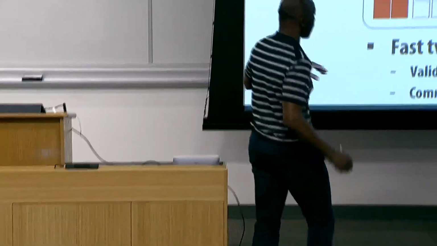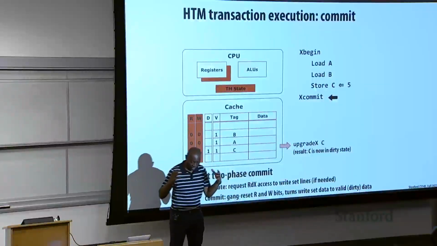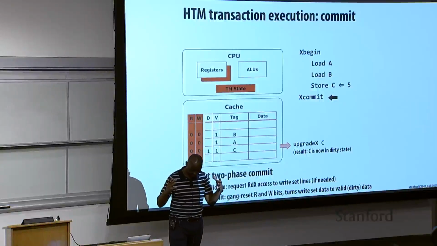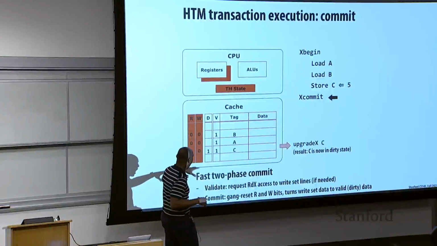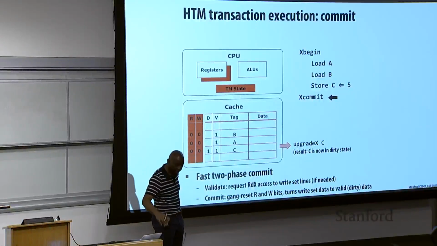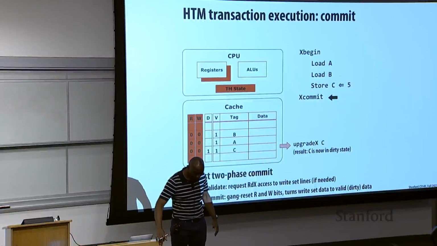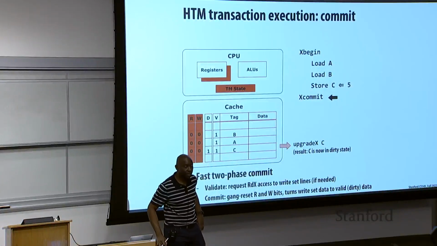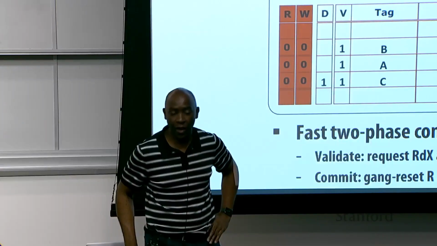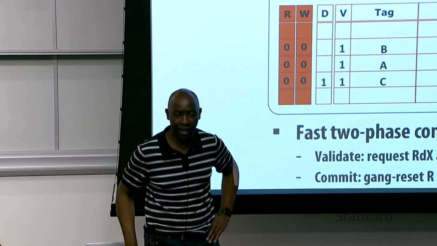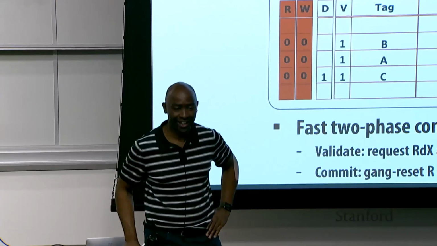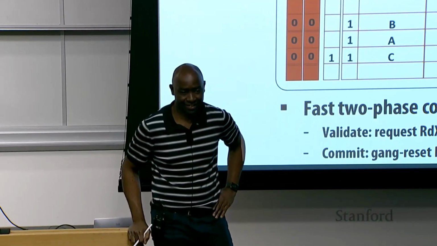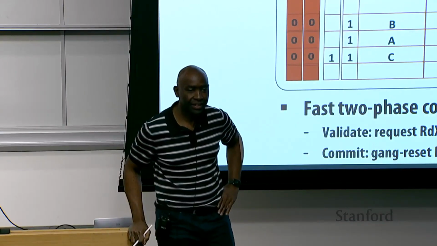I'm just trying to think of it from a protocol transition perspective. The state of the cache line, remember, it's isolated, right? So you don't really participate in coherence until you get to the commit point. Okay, that makes sense.